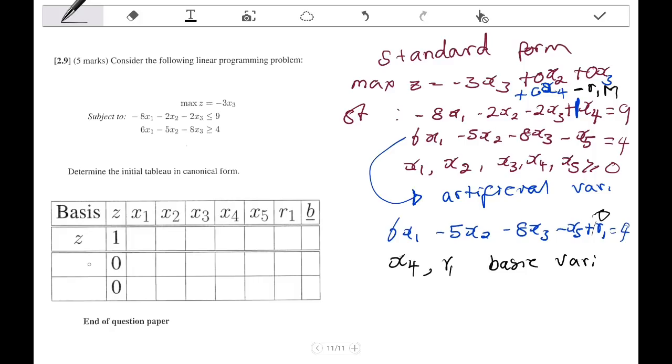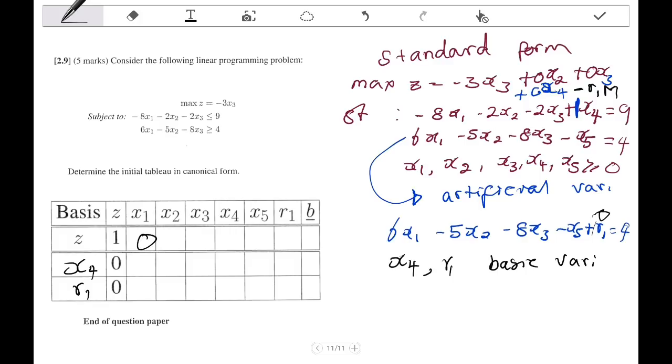So what you write here, for the first one is x4, and the last one is R1, because this space is for the basic variables. Then on this space, you write the coefficients of the objective function. For x1, it was not given initially, so we write 0.